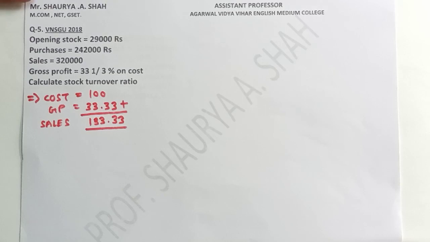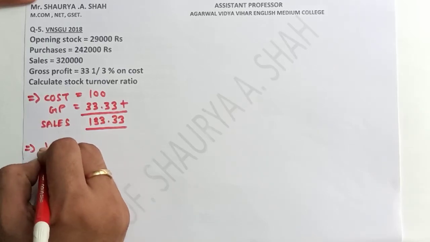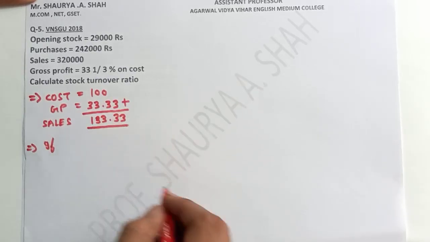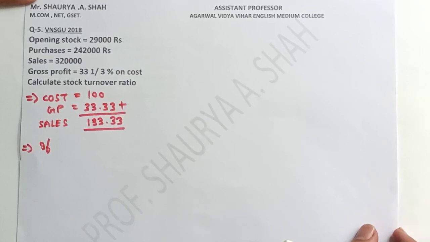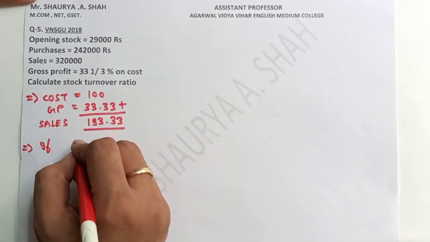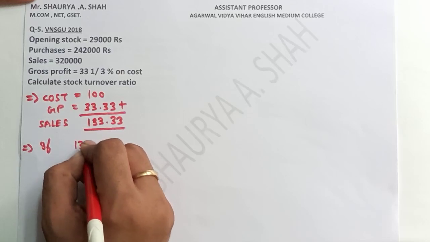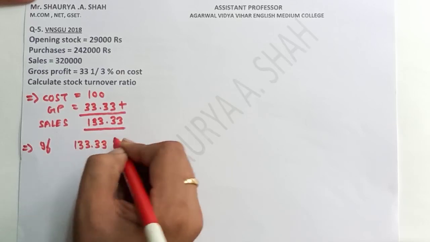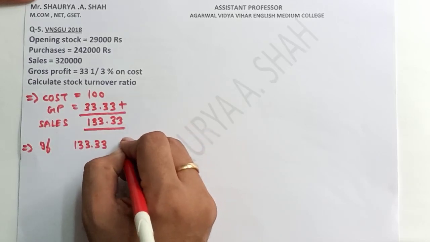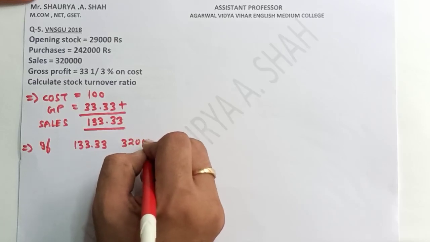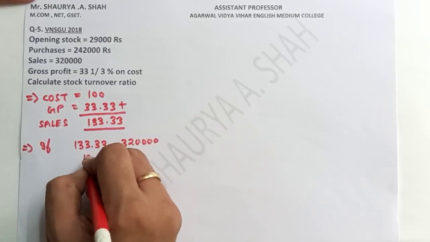Fine. Now if my sales of 133.33 equals 3,20,000, so what will be my cost?